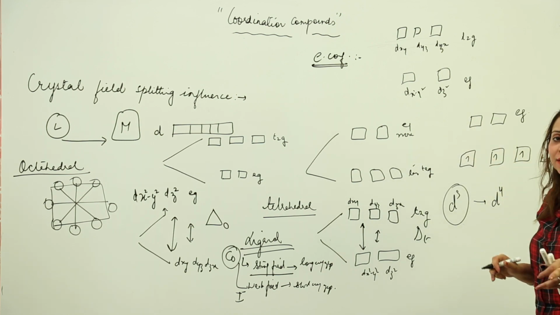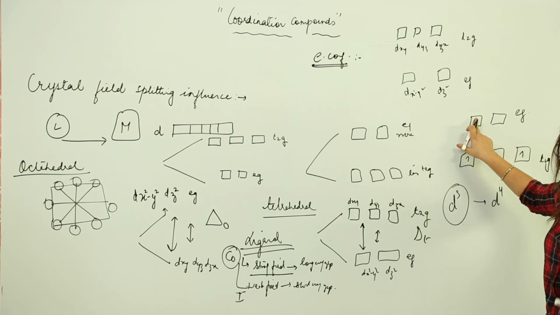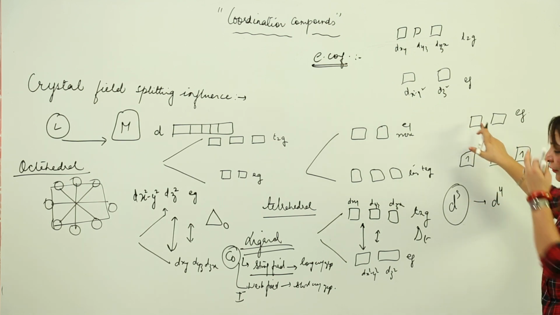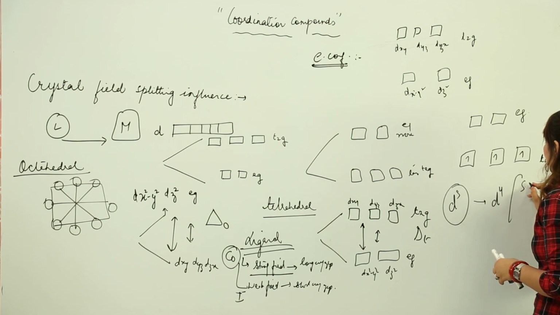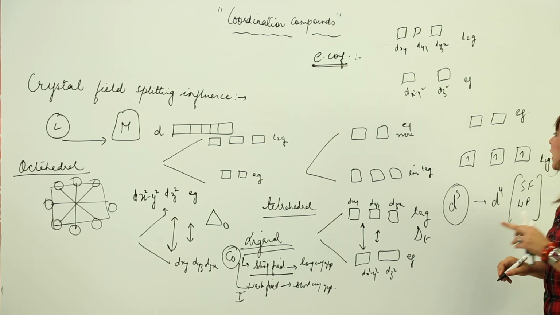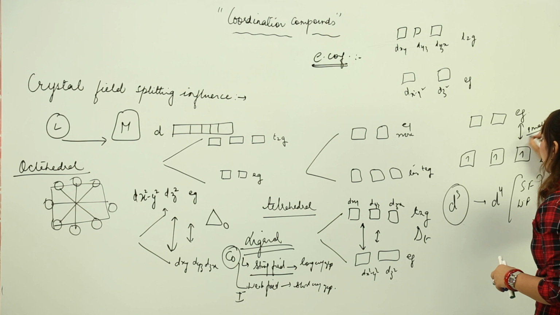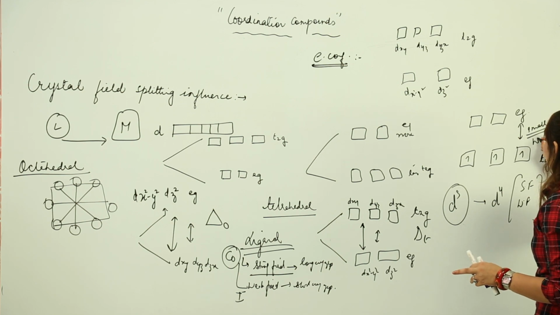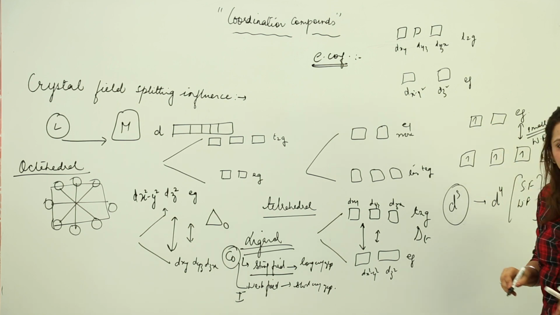So now what factor decides whether the electron pairing will take place or the electron will enter the different energy orbital? It is whether the ligand is strong field or weak field that is going to decide that. If the energy difference is small, that means we have a weak field ligand, then obviously the 4th electron is going to enter here.